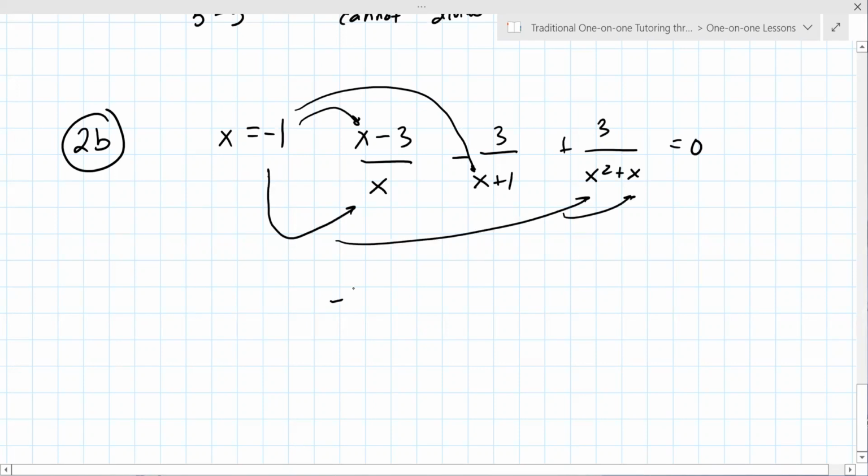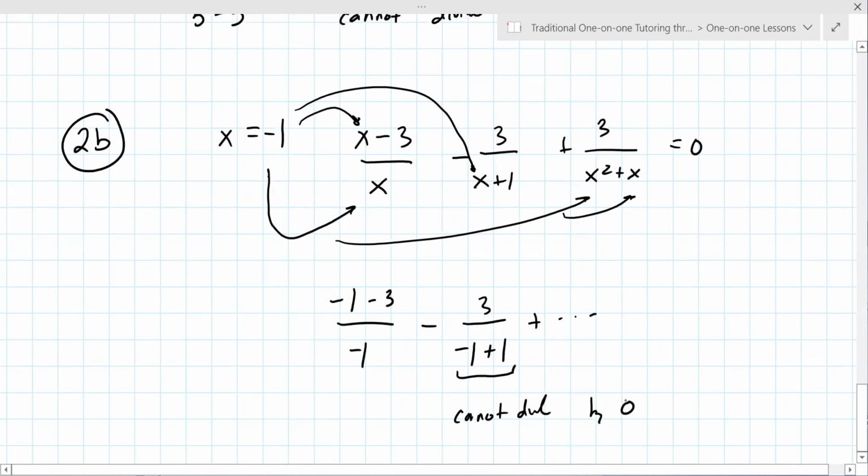This one you get a little bit further because it's -1 minus 3 over -1 plus 1, but that's your problem because again, you cannot divide by 0. So you could say that JZ is wrong if you want.